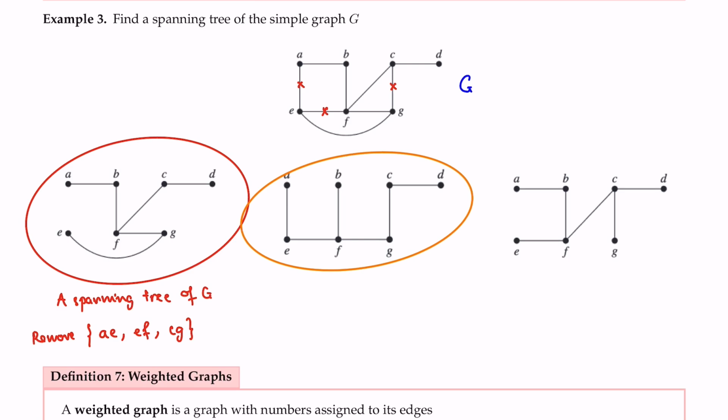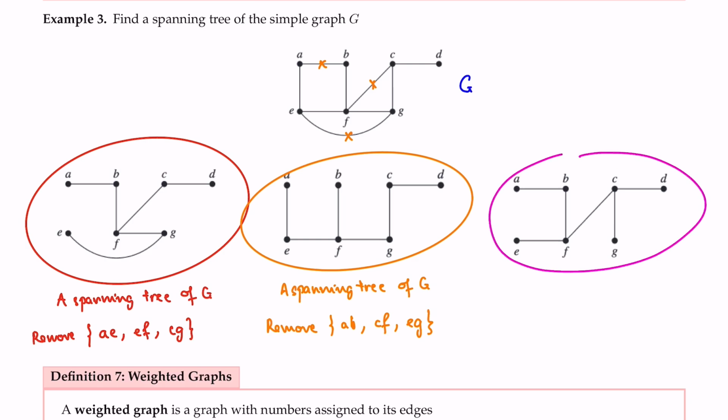So in this case, I removed the edge connecting A and B, the edge connecting C and F, and the edge connecting E and G. So this is also a spanning tree of G, but in this case I removed the edges AB, CF, and EG.